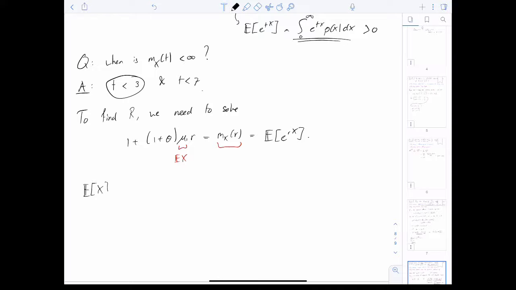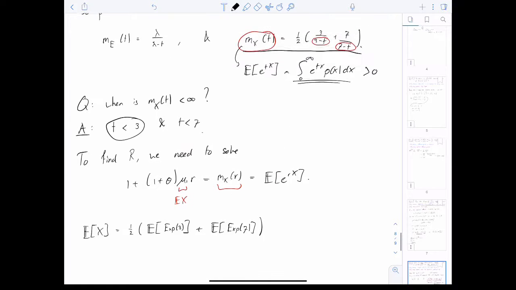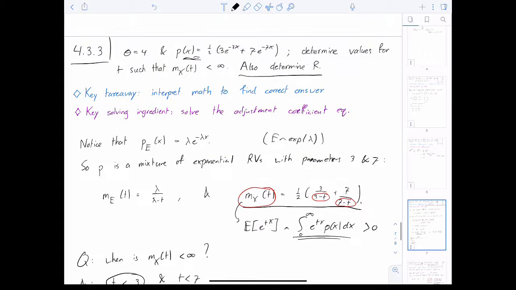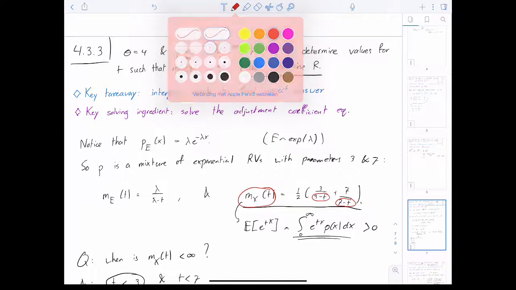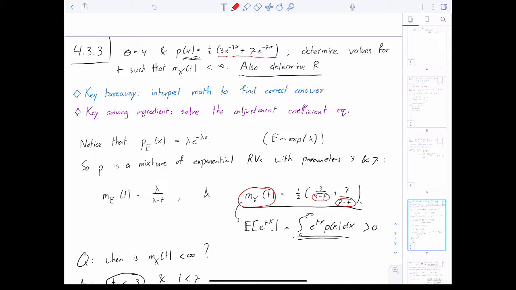Expectation of X, well, it's a mixture of two exponential distributions, so let me write it as follows. It is equal to the expectation of the exponential with parameter 3 plus the expectation of the exponential with parameter 7, as this is just how this density function is defined right here.